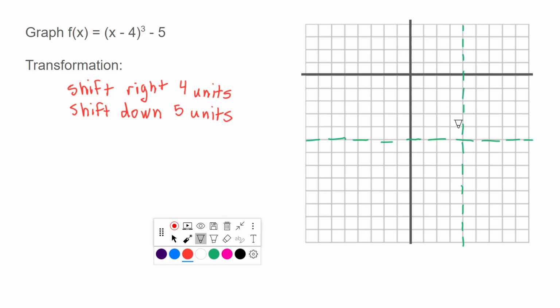Plot my new 0, 0, the way it's been transformed, and use our anchor values. So 1 to the right is 1 up, 2 to the right is 8 up. Going back to that initial point, 1 to the left is 1 down, and 2 to the left will be 8 down.